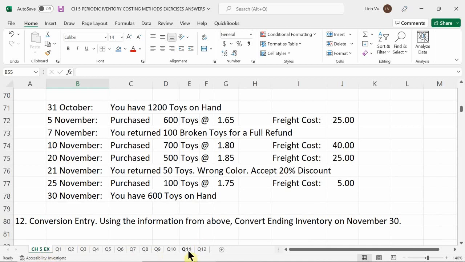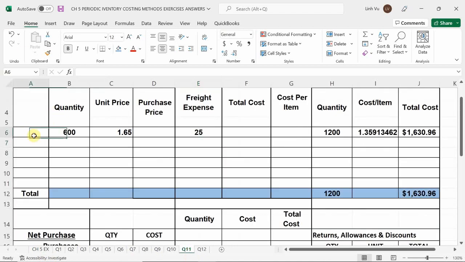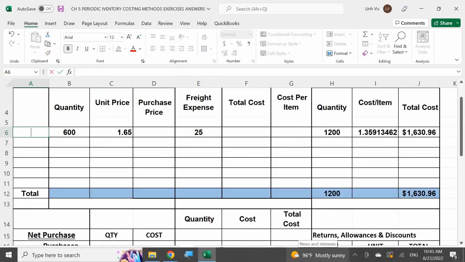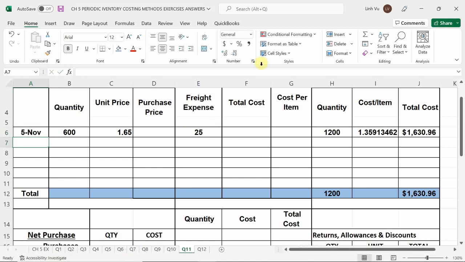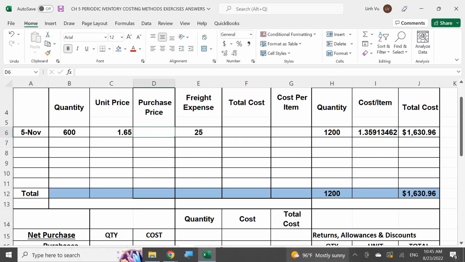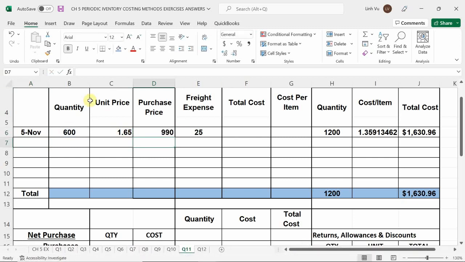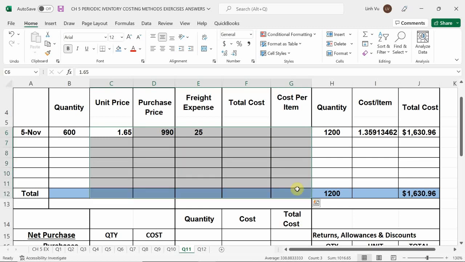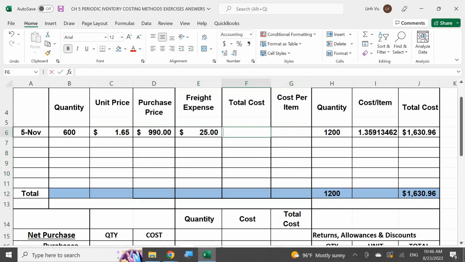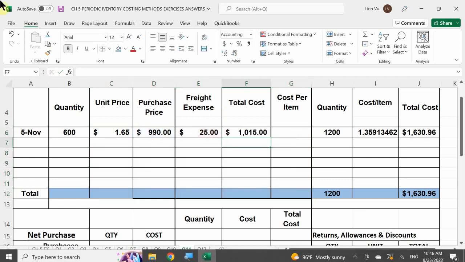So what is my purchase price here? $9.90. $9.90. 1,015. $1,015.